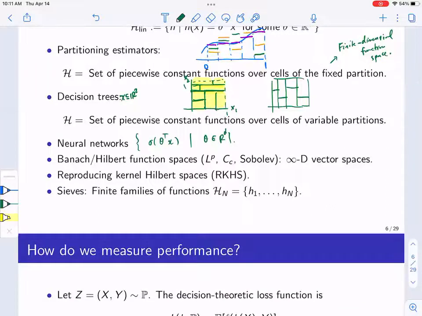Banach and Hilbert spaces. These are infinite dimensional, like Lp spaces, the space of continuous functions with compact support, Sobolev spaces. And a specific case of this, which we talked about, is the class of reproducing kernel Hilbert spaces, which are very suitable for the ERM business. So I'm going to talk about that.